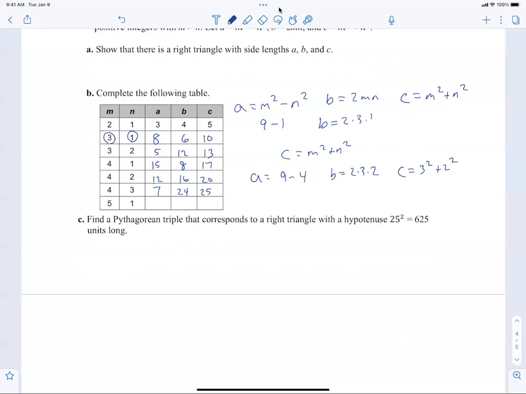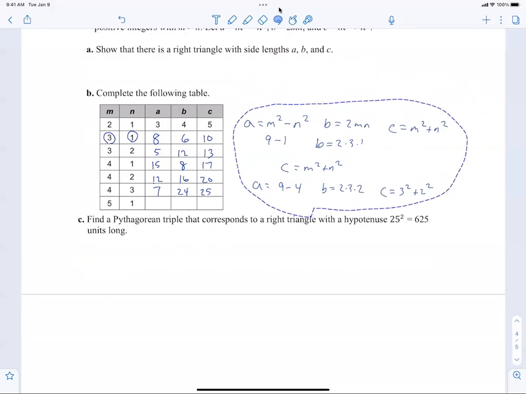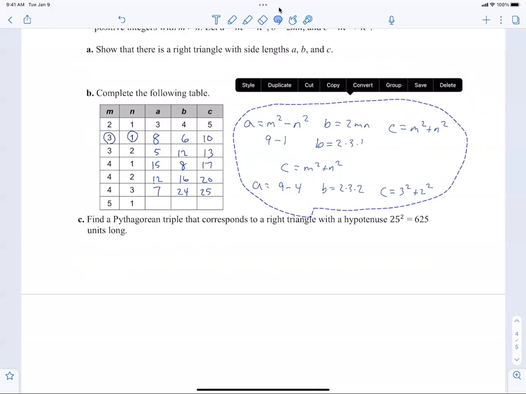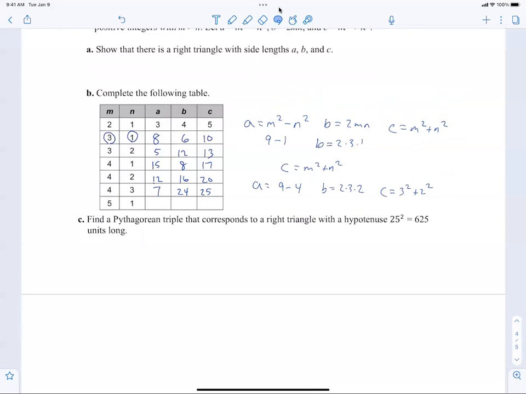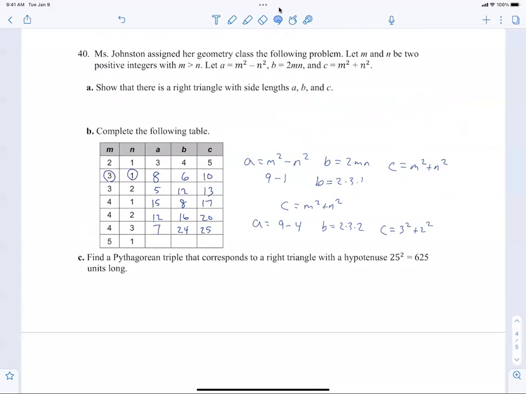Now, I'm going to show you why it works out, because I understand their question for A better now that I see that. I think that should have been question A. And then B should have been A. All right. So what does that mean? So we know that A squared plus B squared equals C squared. Do you agree with this, guys? So now what is A? And B is 2MN, and C is that.